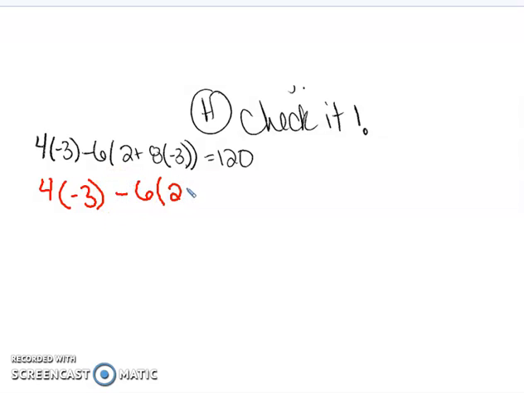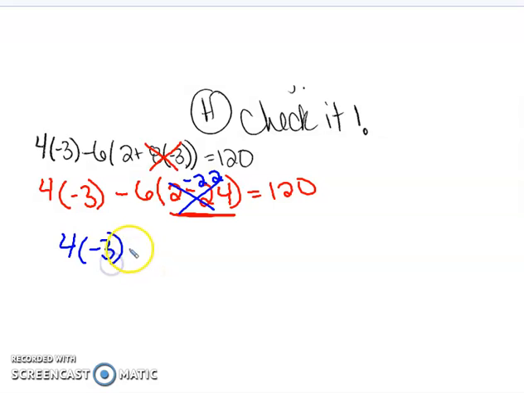2 minus 24 is going to be the first thing I'm going to get rid of. Right? I'm working on the inside out on my parentheses. Still have a parentheses I need to simplify. 2 minus 24 becomes negative 22. 4 times negative 3 minus 6 minus 22 equals 120.